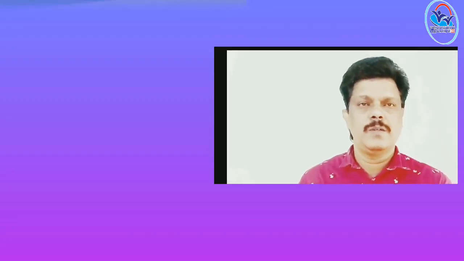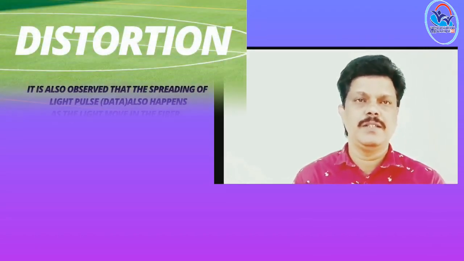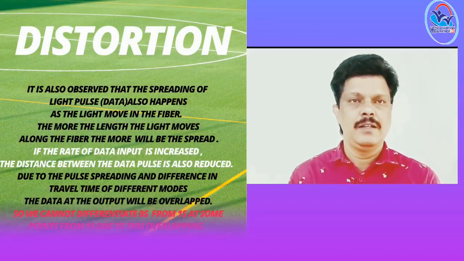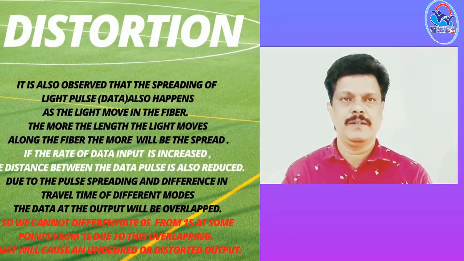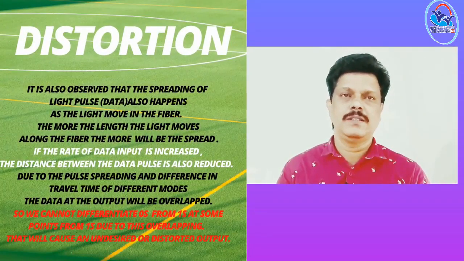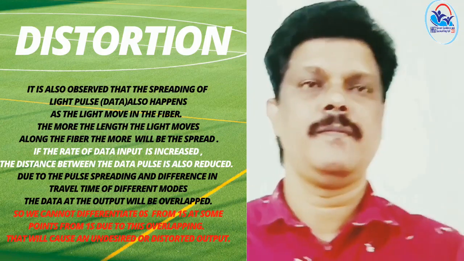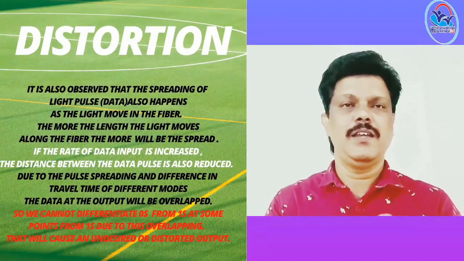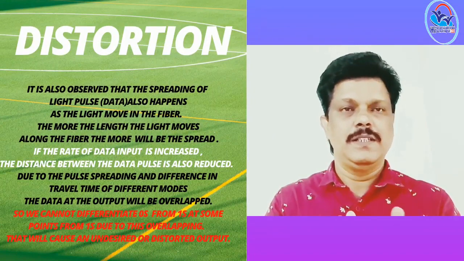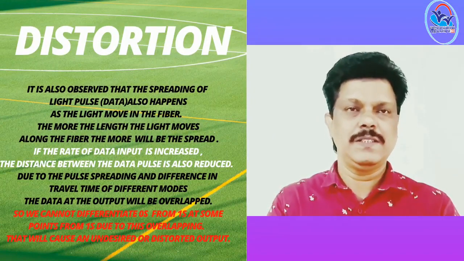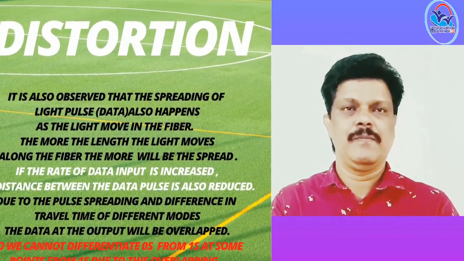It is also observed that the spreading of the pulse happens when the pulse moves along the fiber. The more the length the pulse moves, the more will be the spread. If you try to increase the rate of data input, the distance between the pulses will be reduced.